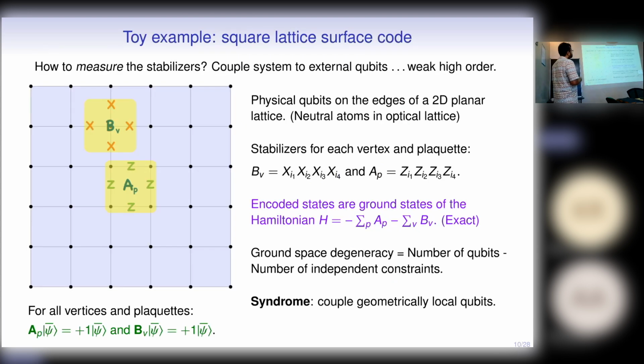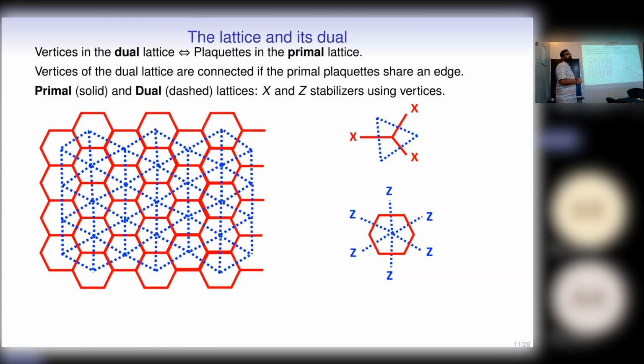And now let's think about how convenient this way of representing a lattice to specify a code is. Now I can say there's nothing sacred about the square lattice. I can do exactly the same thing with a hexagonal lattice, where the qubits implicitly stay on the edges. And if I look at the faces, the red faces here, they specify a Z stabilizer. I can look at the red vertices, or I can draw this dashed blue lattice and look at the blue faces.